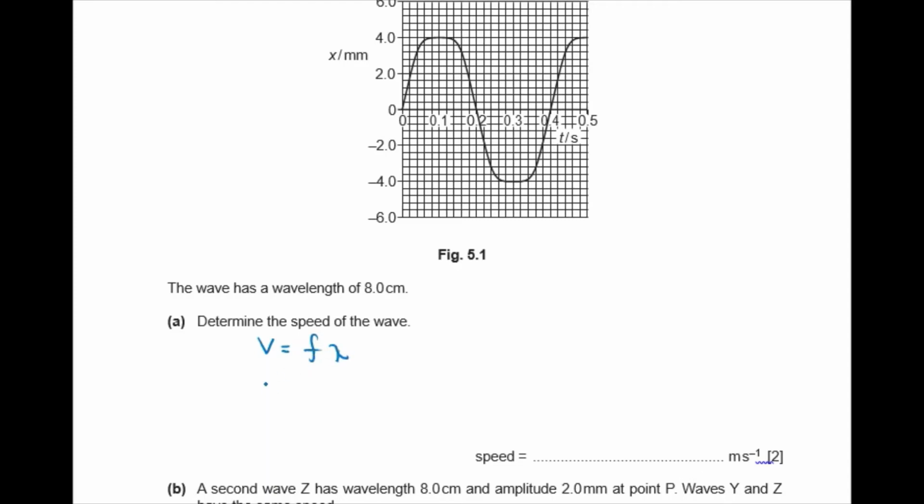So what is the frequency? Frequency is 1 over the time taken for one wave. So the time taken from here until here is 0.4. So speed equals 1 divided by 0.4 times 8 cm, changed to meters. So speed is 0.2 meters per second.